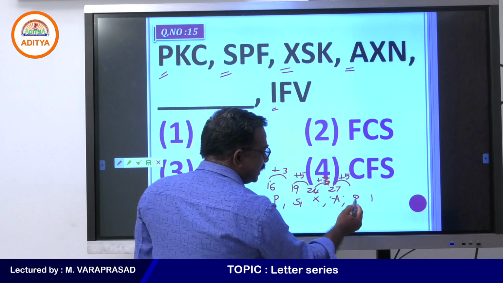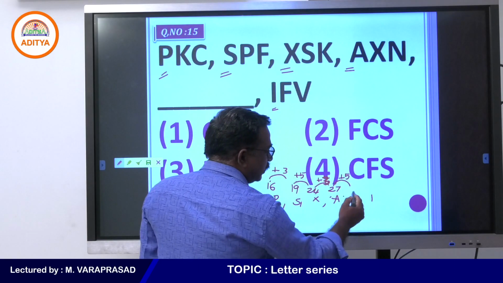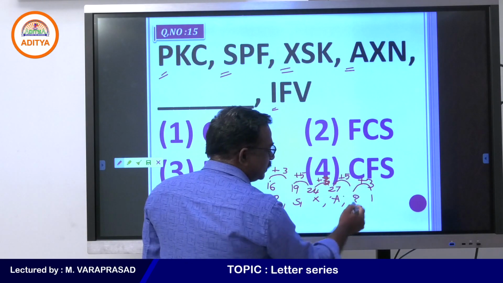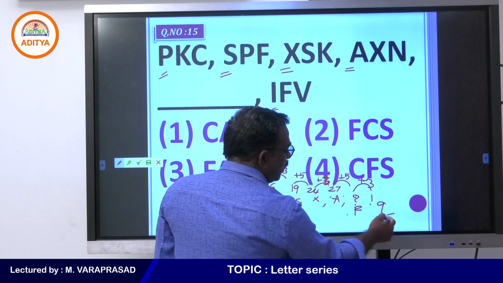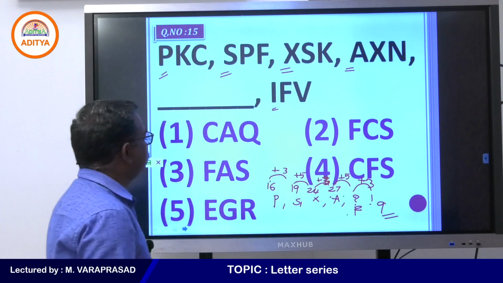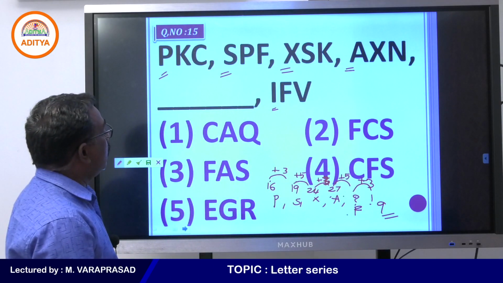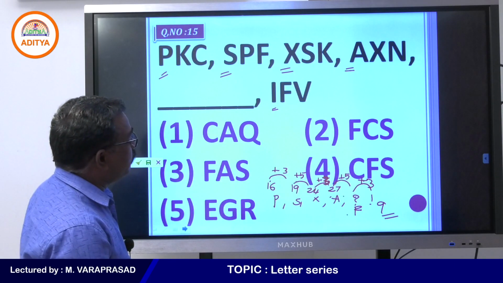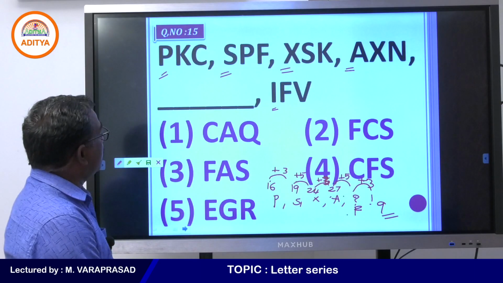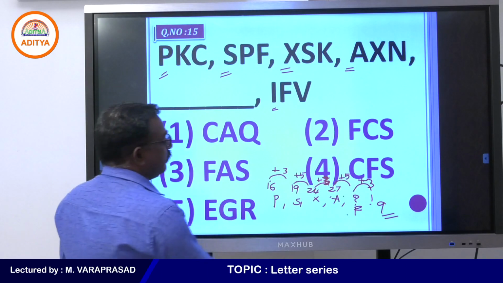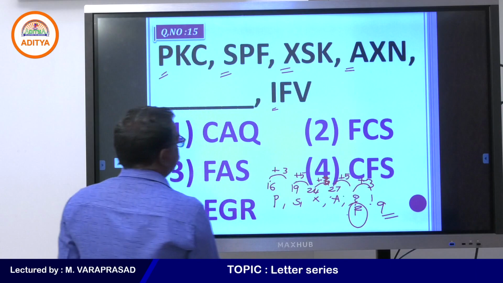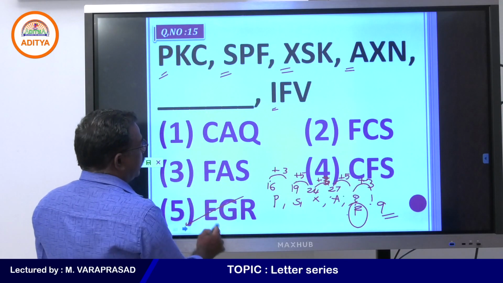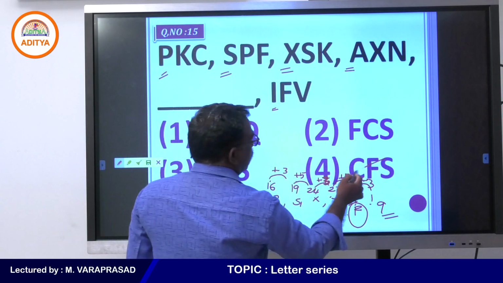So 1 plus 5, the 6th letter, you will get F. Again you will get plus 3, 6 plus 3, the 9th letter. The answer starts from F. So this is not required, this is also not required, this is also not required.